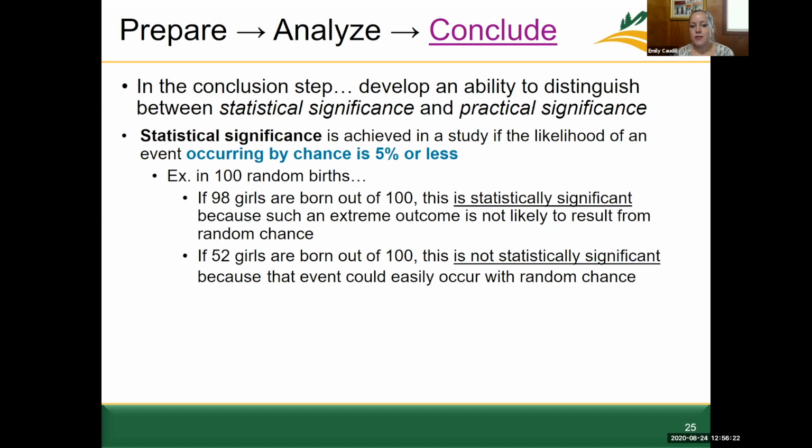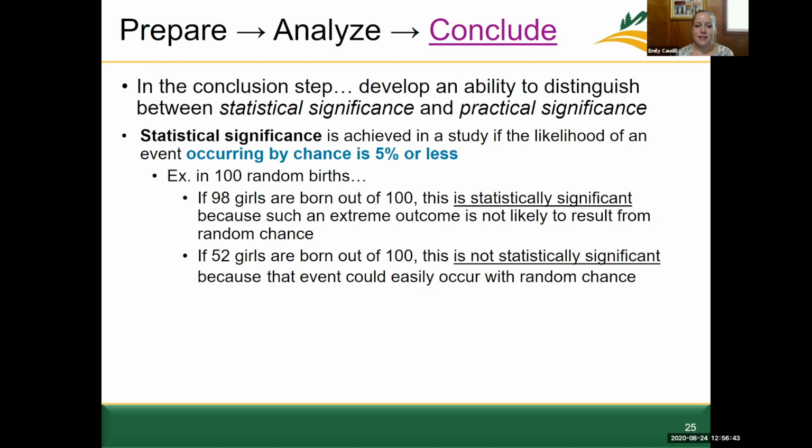If 52 girls are born out of 100, this is not statistically significant because that event could easily occur just randomly. Okay, so we'll talk more about the math involved, but just get used to thinking of, is it statistically significant? Is it not? Is it just practically significant?